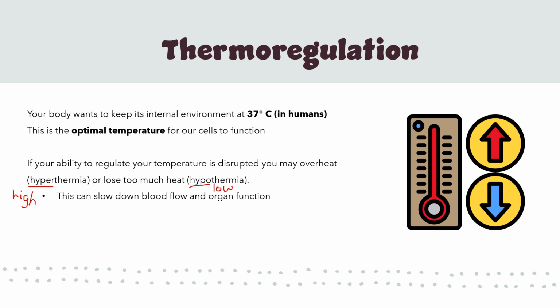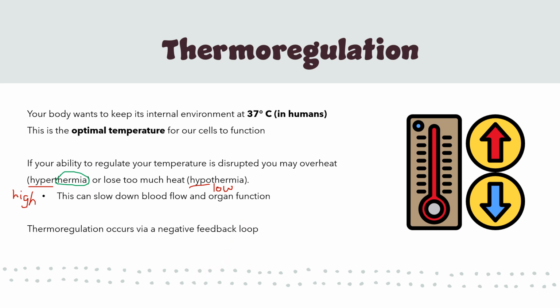Thermia refers to temperature. So hyperthermia is high temperature, hypothermia is low temperature. And if we go too far into hyperthermia or hypothermia, we can slow down blood flow, and it can also impair or slow down organ function.